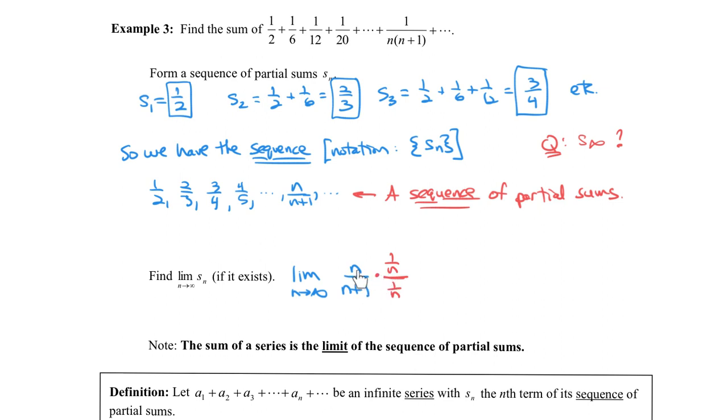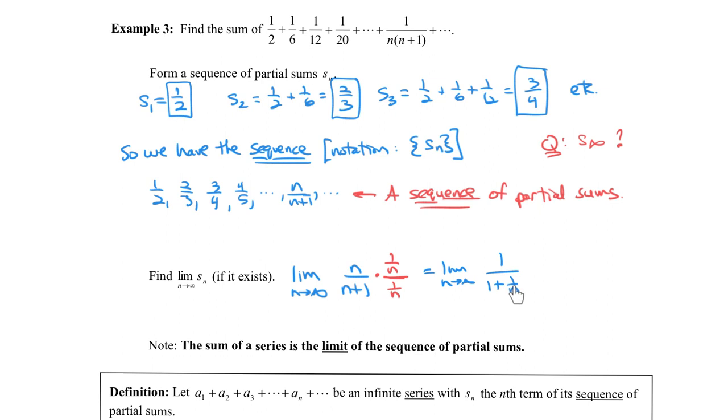So I multiply across here, I get 1 on top. When I multiply across here, I distribute, and I'll get 1 plus 1 over n. So this gives us the limit as n approaches infinity of 1 over 1 plus 1 over n. Of course, we can take the limit of 1 over n as n approaches infinity. This becomes as close to 0 as we want. So we could make it completely insignificant.